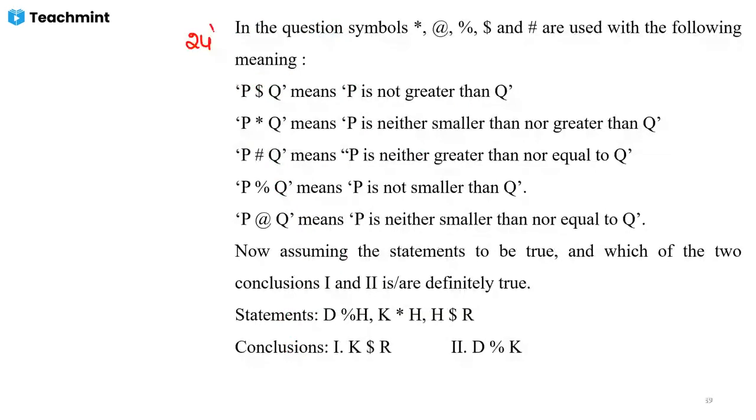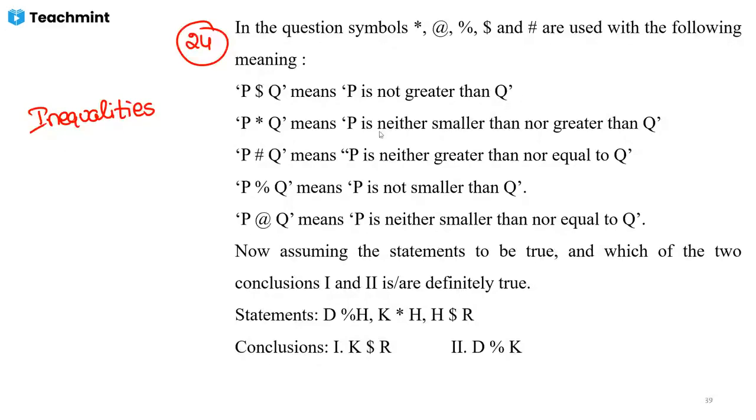I said we have a possibility to get two questions from inequalities in the previous video. Now go through this one, 24, my dear friends. Inequalities. Here you can see the same slide, same page.